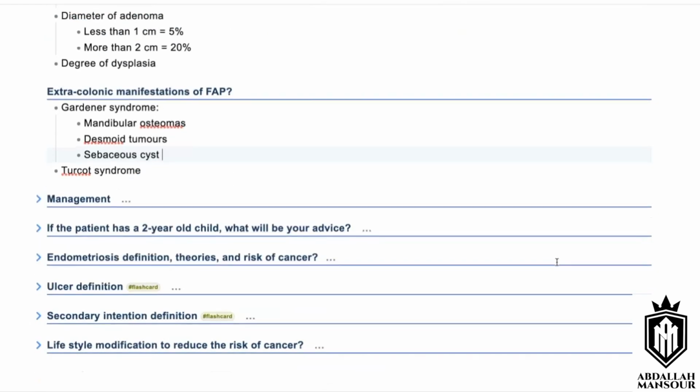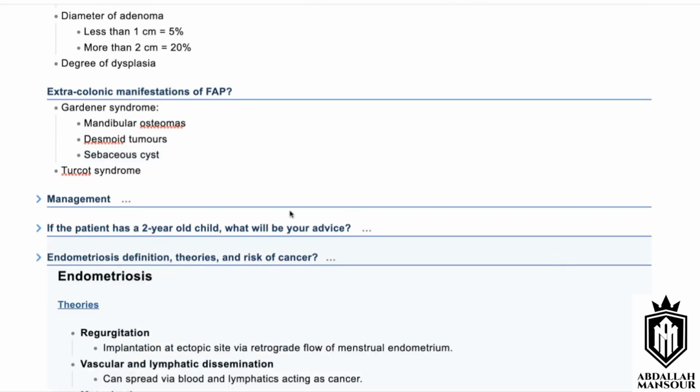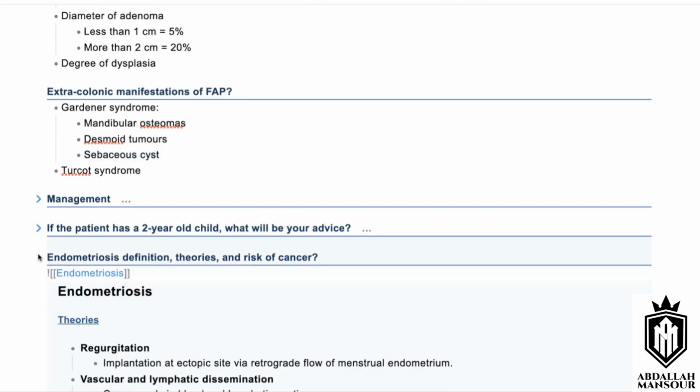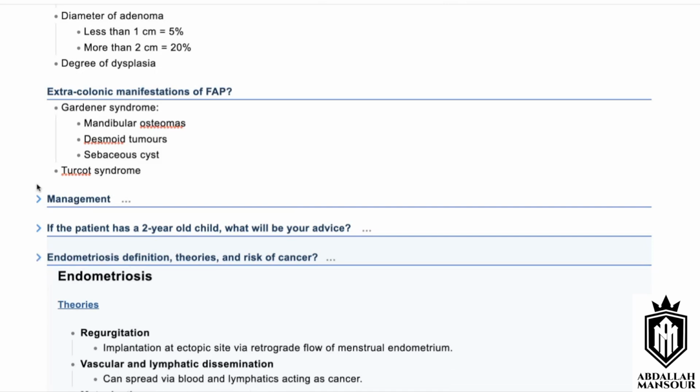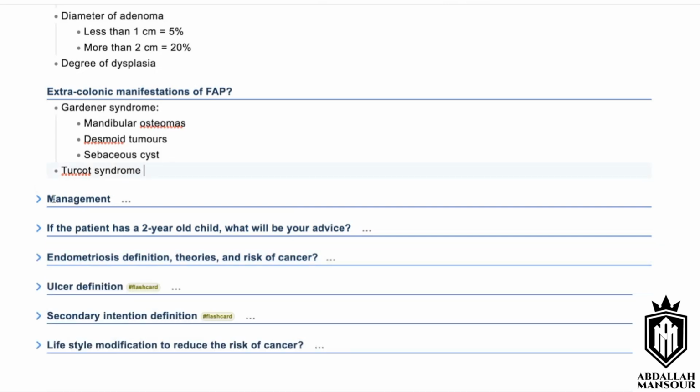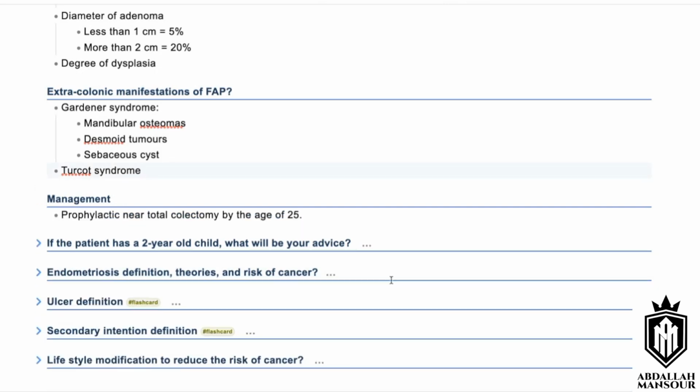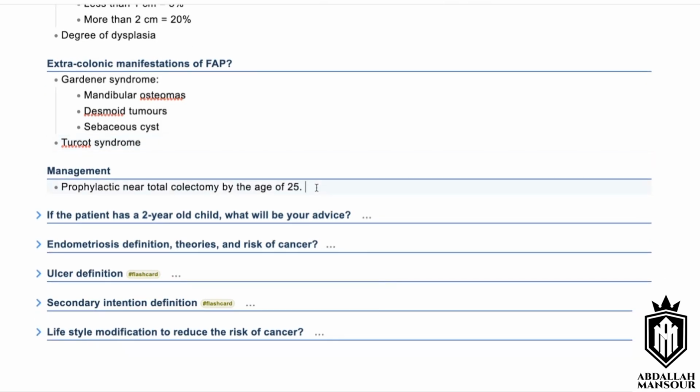If it's a confirmed FAP, we need to do a total colectomy by the age of 20 to 30. Yeah, total or near total colectomy, and actually 25, but I don't think it's going to be an issue if we say 30, but ideally you should say 25.